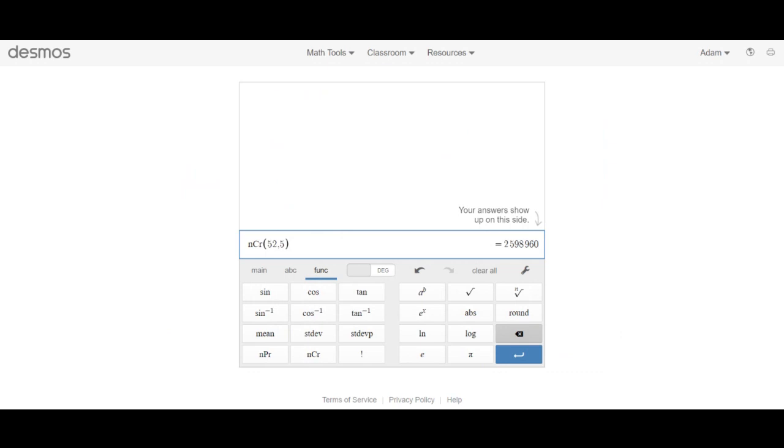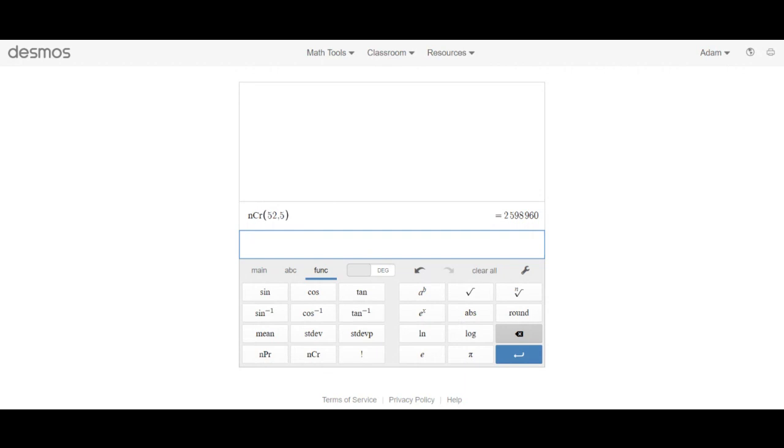So there are 5 cards from a deck of 52. n would be 52, r would be 5, and that's how we get it. We're choosing 5 from 52 cards, or 5 out of 52 cards. r is how many of those items you're choosing.